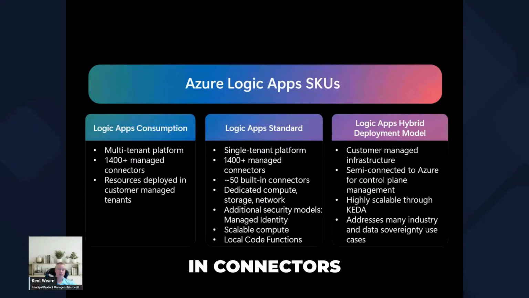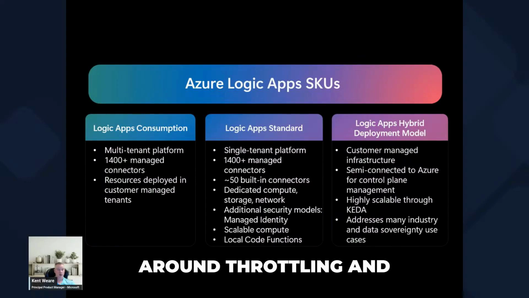And these built-in connectors run in your dedicated compute. And the benefit for you is that you have more control. And as a result, we don't need to put in as many restrictions around throttling and stuff like that. So if you need high throughput, that's where you're going to want to go ahead and leverage Logic Apps Standard.